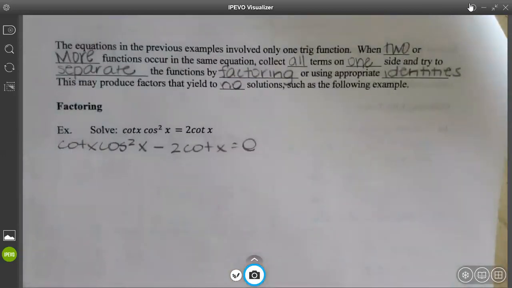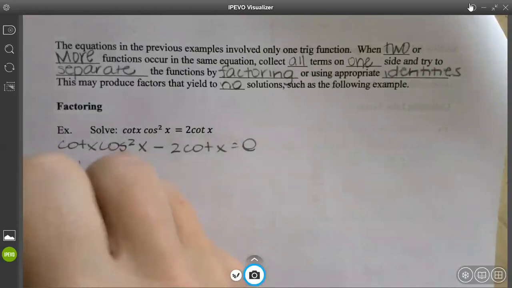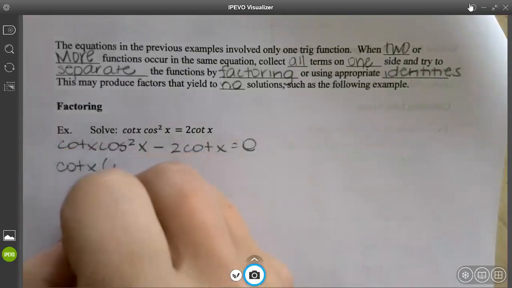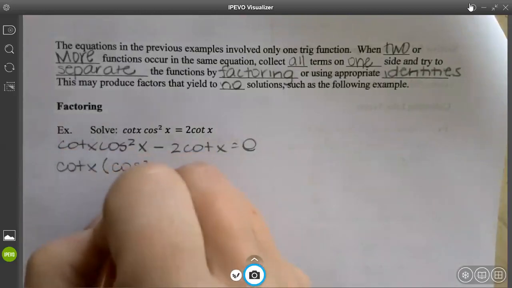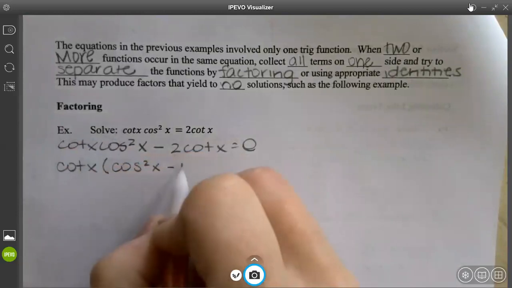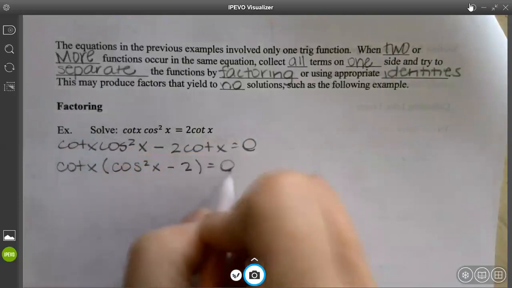What do you notice about both of them? They both have a cotan, right? So what can I do? Take out that cotan, leaves me with cosine squared x - 2.